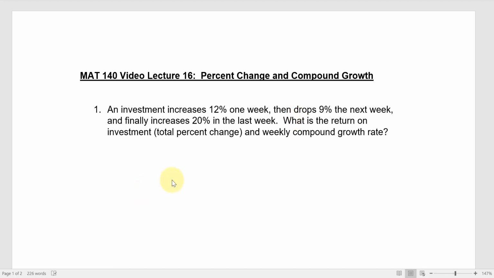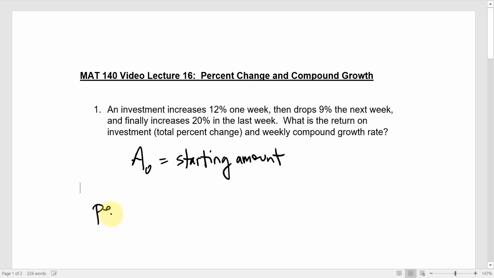Another thing that's kind of puzzling about this is it doesn't say what the starting amount is, and it doesn't need to say the starting amount. It wouldn't matter what that starting amount is. The answer would turn out to be the same regardless of whatever amount you started with. So we could just say let A0 be the starting amount. The percent change is the same as the return on investment that I was doing in lecture 15.